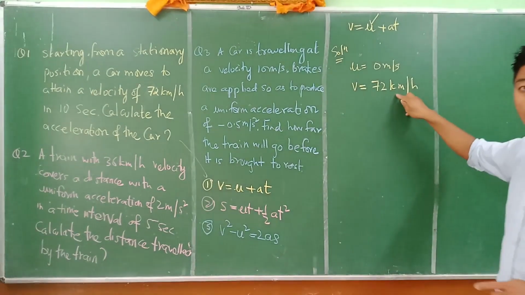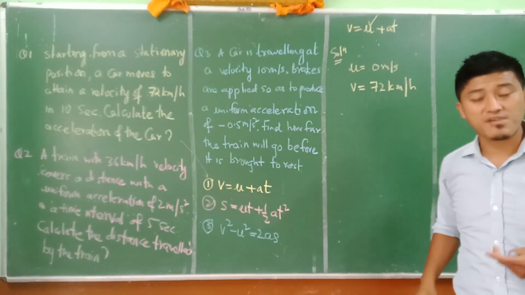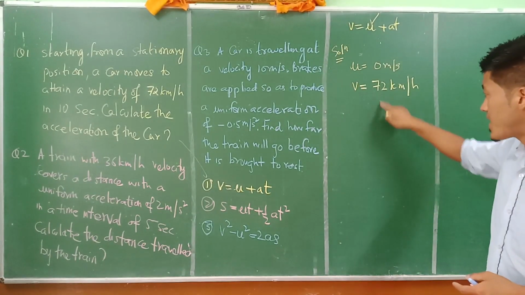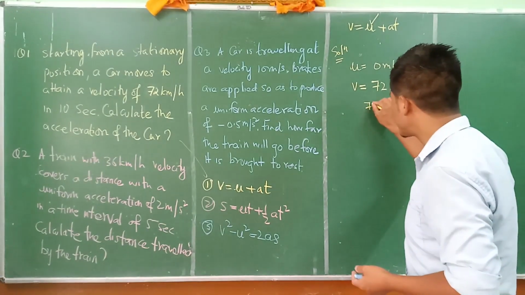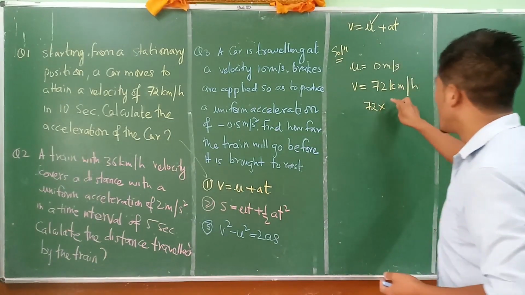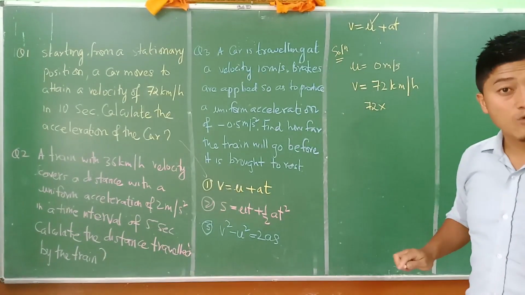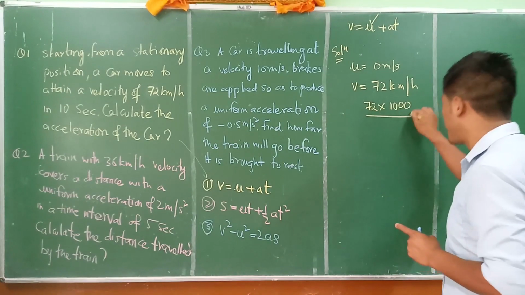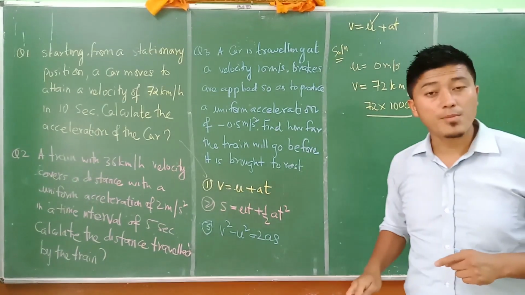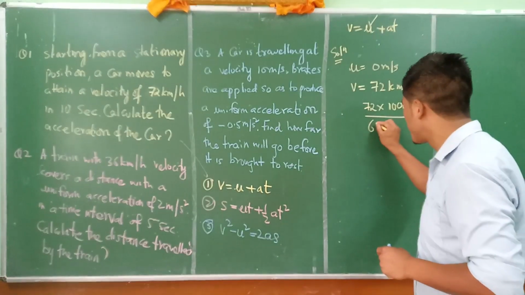But 72 km per hour is not our standard international unit. So we have to convert that into simpler terms here. How are we going to do that? 72 into, in 1 kilometer there are 1000 meters. In 1 hour, how many minutes? 60 minutes.